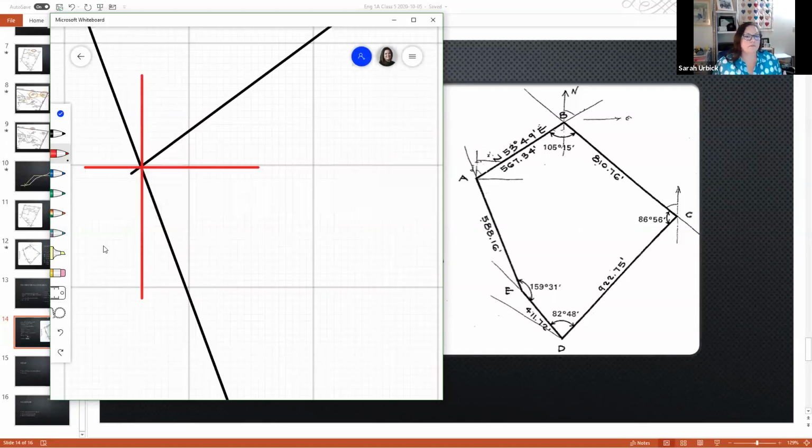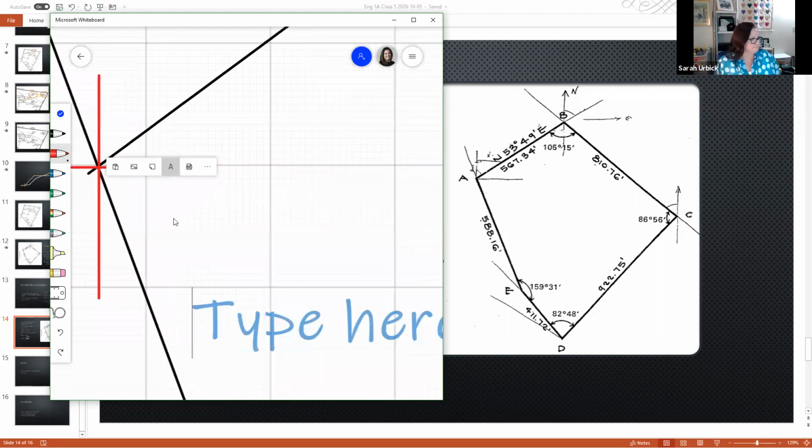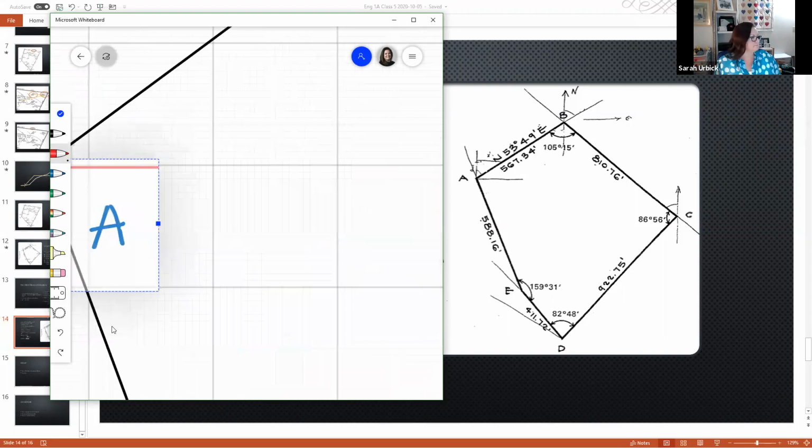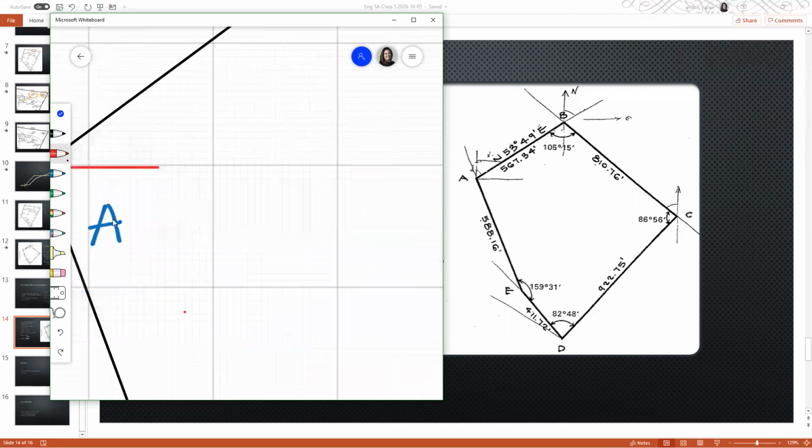So the information that we've been given, our bearing here, what is that telling us in relation to this diagram? It's telling us the direction of the line where it's headed.